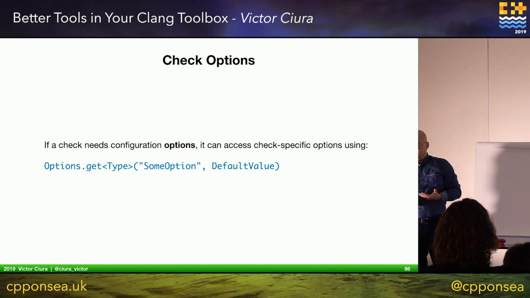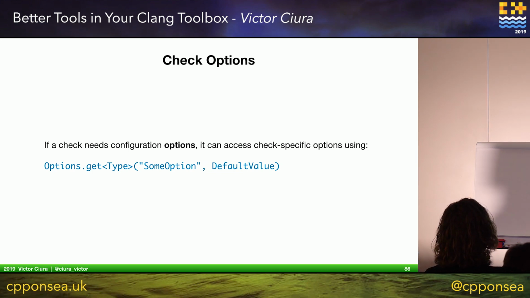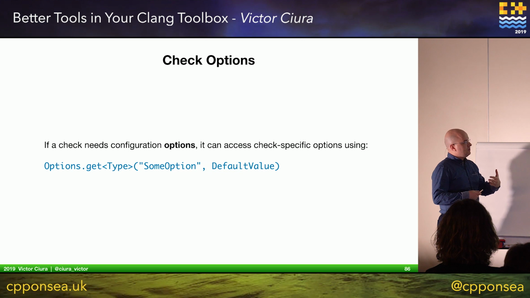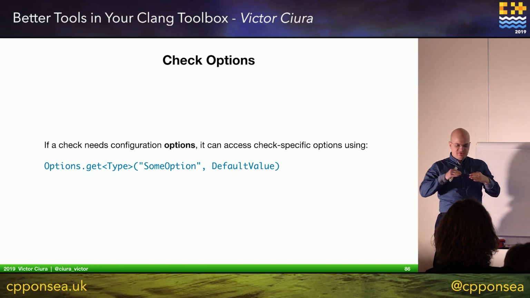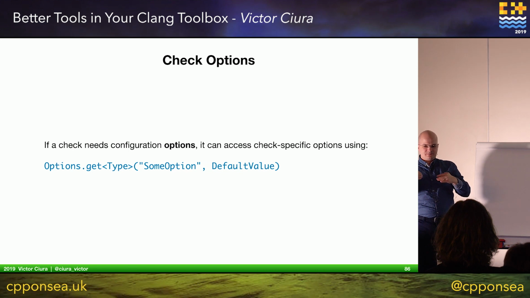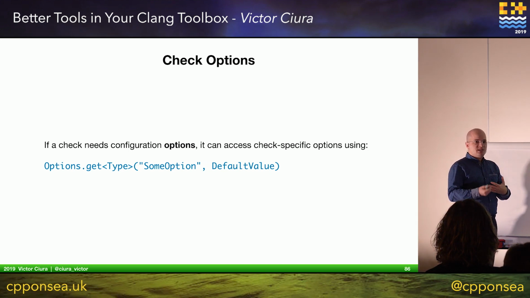If your check needs configuration options, Clang-tidy provides hooks for checks that can be leveraged, and you can enable even the built-in checks. Some of them have levels of customization. For example, for loop analysis, you can customize how aggressive it can be.